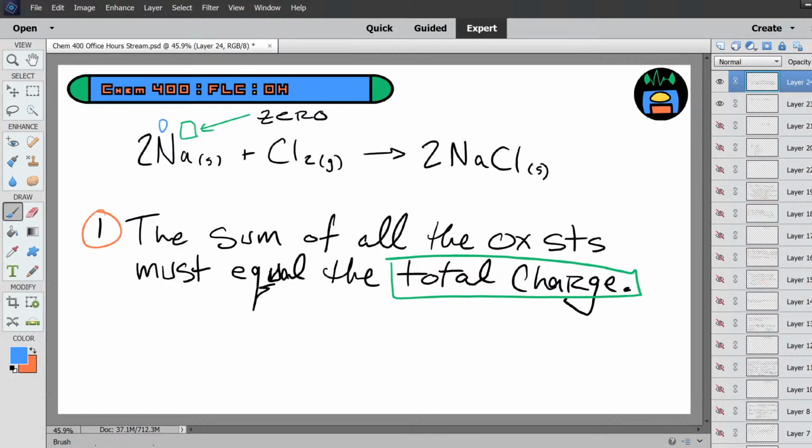Where rule number 3 helps is assigning the oxidation states in sodium chloride, because sodium is our main group metal, so it will take an oxidation state of +1, and that allows us to find chlorine's oxidation state, which is -1.